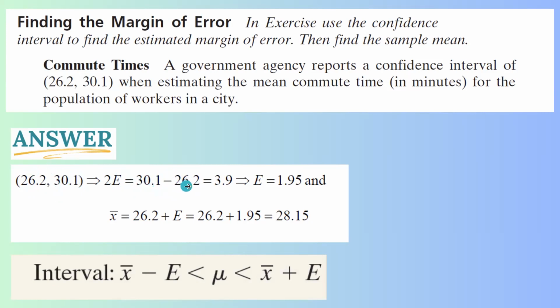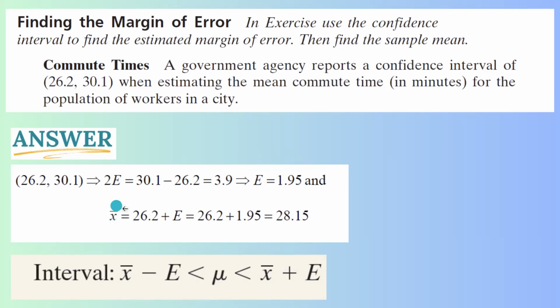Upper bound minus lower bound, 30.1 minus 26.2, is 3.9. If you divide it by 2, you get the margin of error, or distance, as 1.95. So it's about 2 minutes. The distance or the error is about 2 minutes.